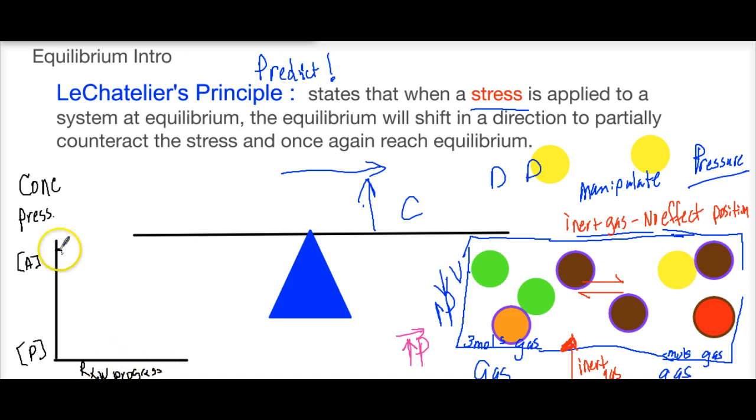As time goes by, the amount of A decreases and then levels off. At the beginning, we have no product, like it's on the 0 line. So this is your measure of concentration. And as time goes by, the product increases, and then it finds a place where it levels off.